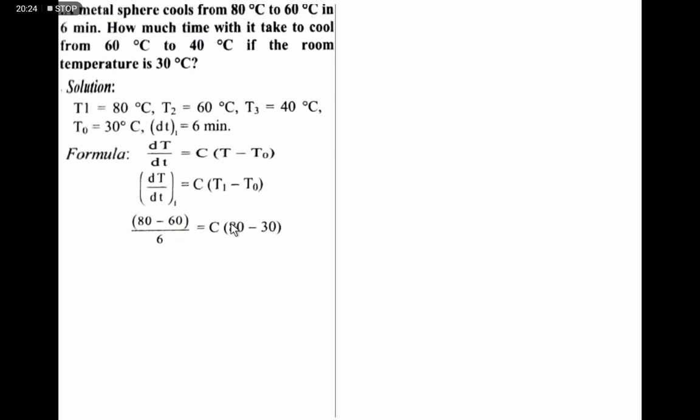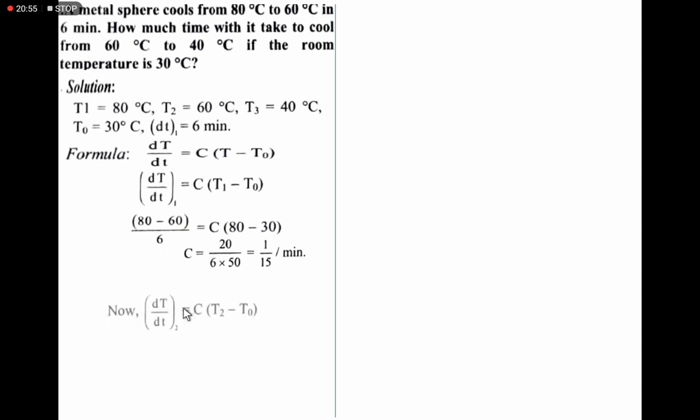First time the temperature of the body is 80, room temperature is 30. Now C will be, it is very simple, 80 minus 30 is 50, and on this side it becomes 20 divided by 6 into 50. Finally we'll write 1 by 15 per minute as the value of C.